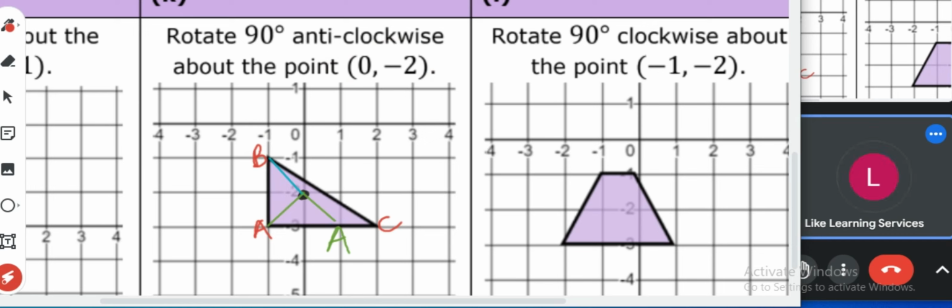Where would it be? No, it's the line you drew. The line you drew from the center of rotation to B is where you rotate by 90 degrees. You just rotate that line you drew by 90 degrees anti-clockwise.